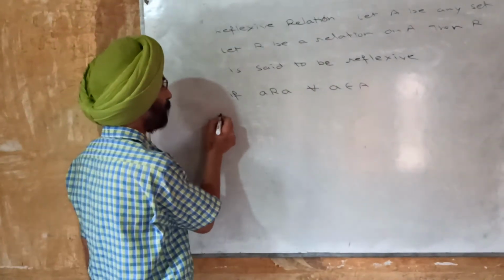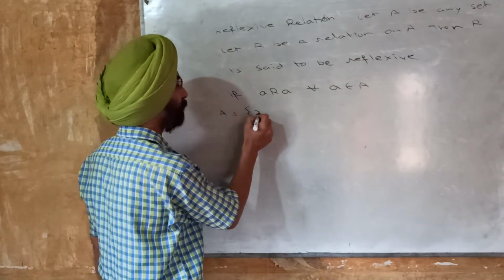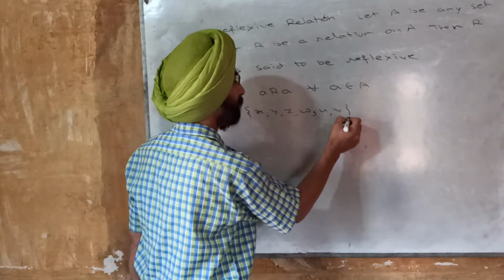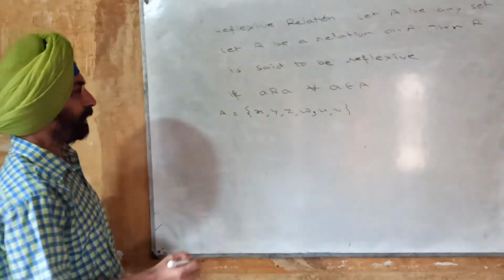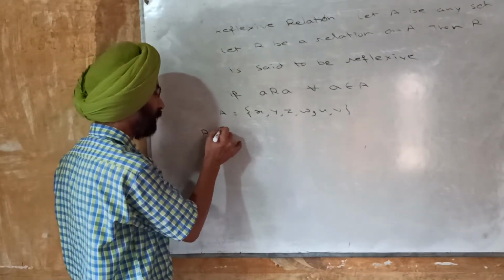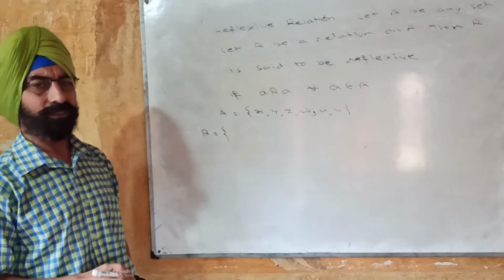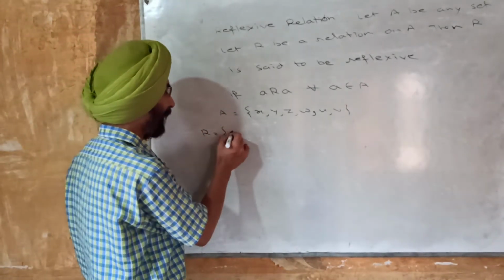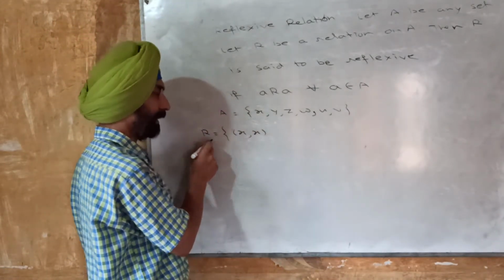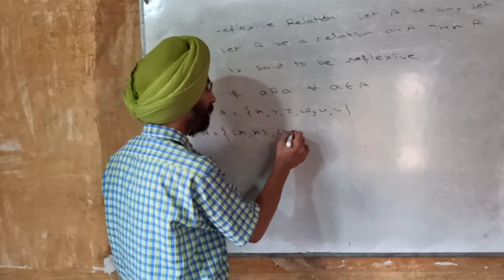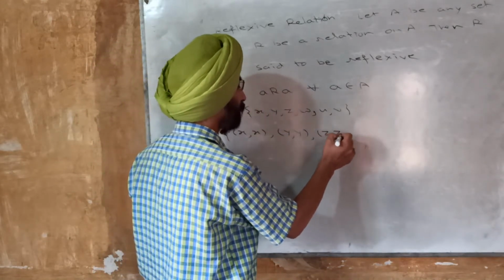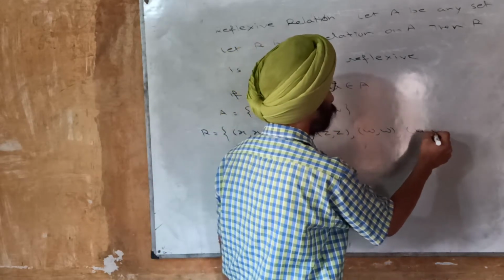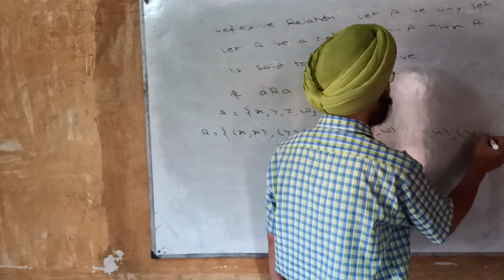That means, suppose A is your set containing elements X, Y, Z, W, U, V. Let this be the set A. Now, a relation R will be reflexive if every element of the set A is related to itself. That means (X, X) must be there in the relation, (Y, Y) must also be there, (Z, Z), (W, W), (U, U), and (V, V) must also be there.